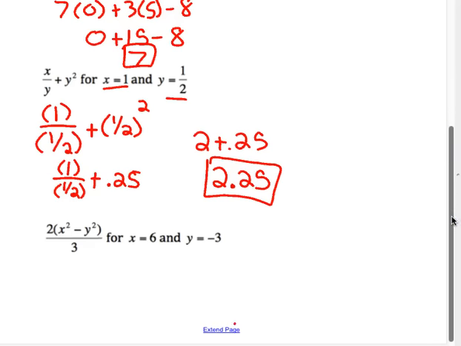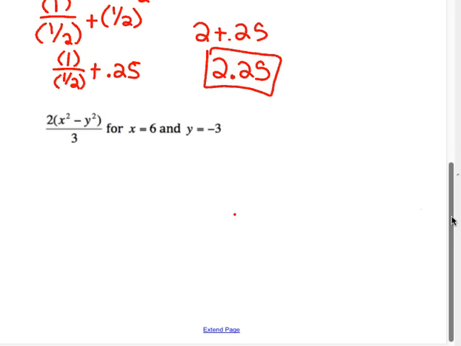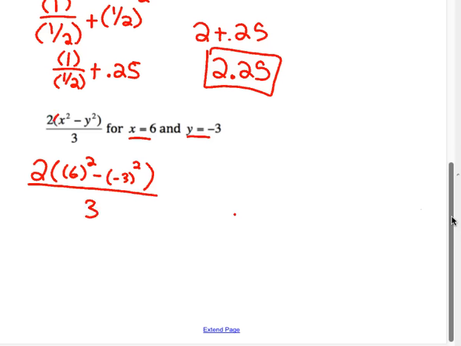All right, and our last example for this page. Again, all I'm going to do, write those in. All right, so I have initial parentheses right here.